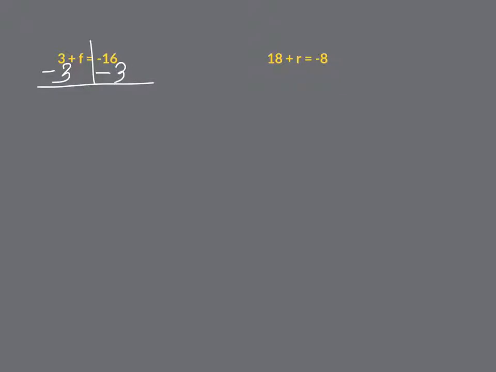Okay, so I know that my 3 minus 3, those two cancel out. So that leaves me with f equals negative 16 minus 3. You get to do the cha-cha-cha. Stay, change, change, cha-cha-cha. The signs are the same.